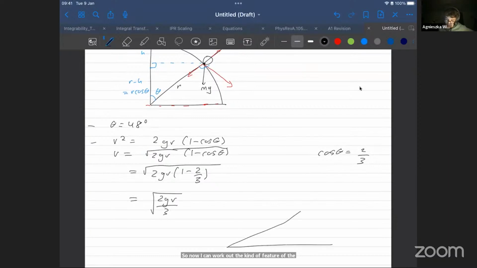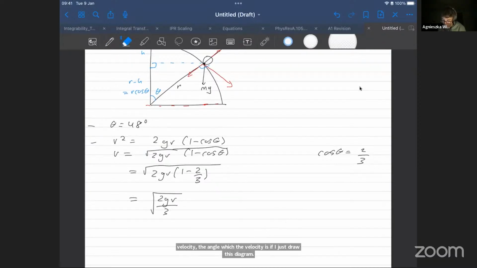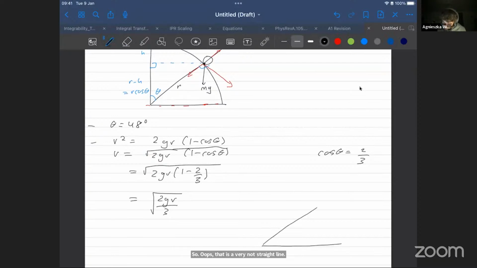So, oops, that is a very not straight line. I know that this is theta. I know that this is going to be perpendicular. And then I want the angle that my velocity is going to make right here. So let me finish this triangle up.